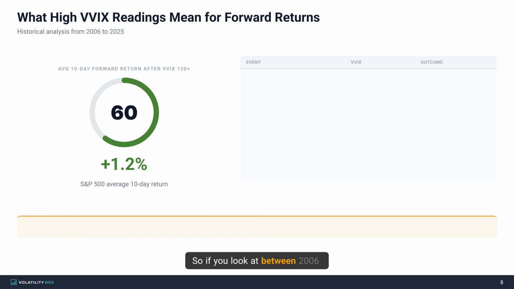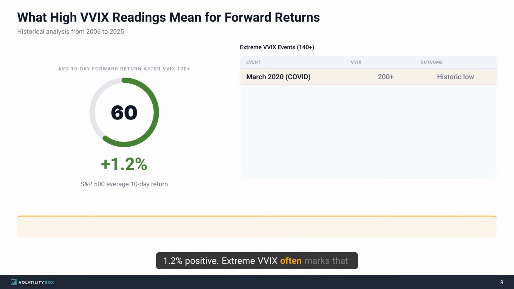If you look at between 2006 to 2025, that's what I used for this activity, the average 10-day forward return on the S&P 500 after a VVIX close above 120 was positive, roughly 1.2% positive. Extreme VVIX often marks that zone of peak uncertainty as opposed to what I think in the moment we would consider to be the start of a new downtrend. It's not. It's actually where you might find some opportunities.